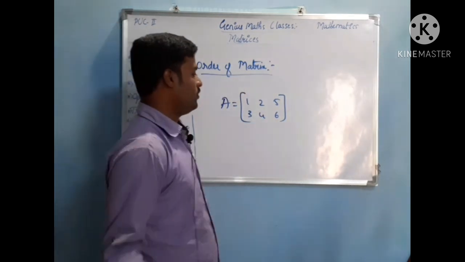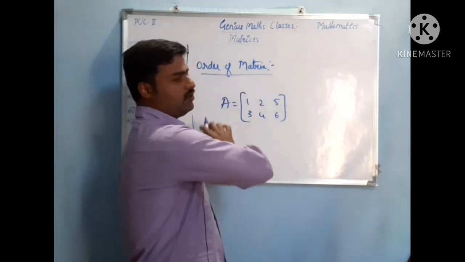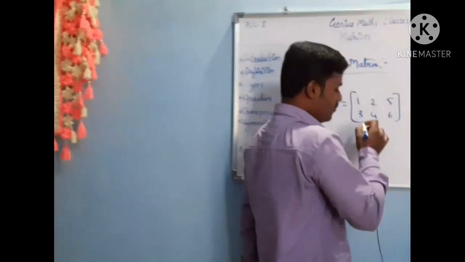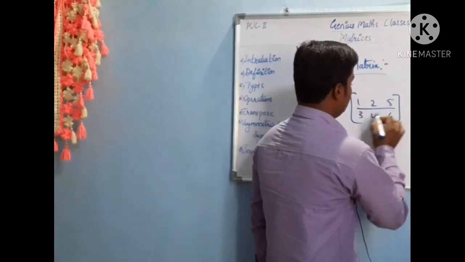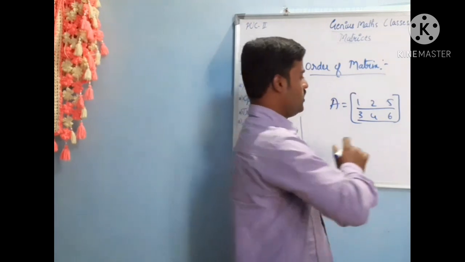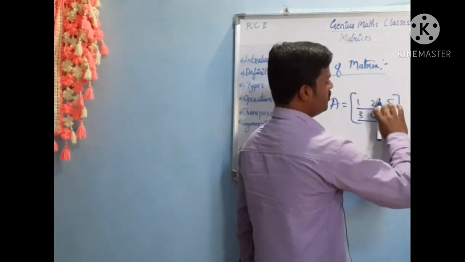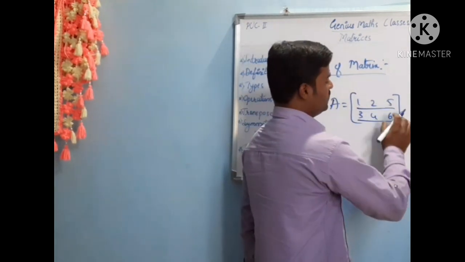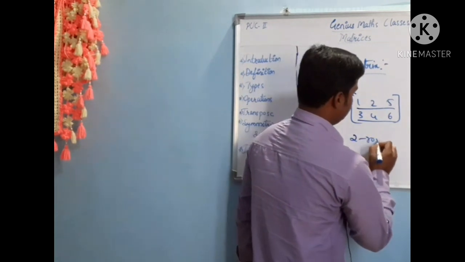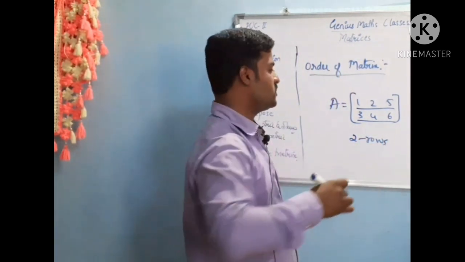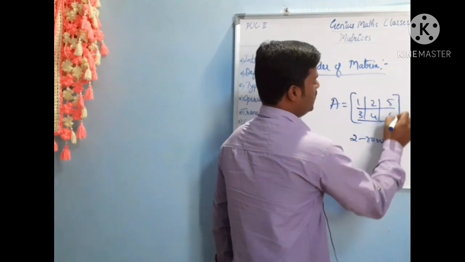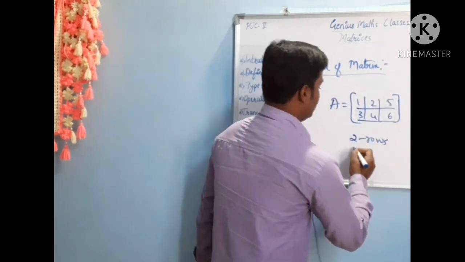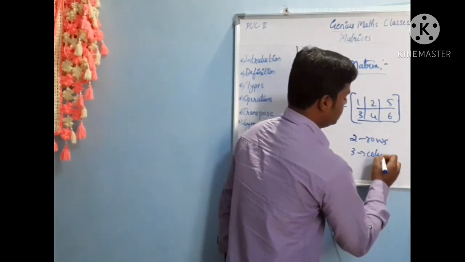How to determine the order of a matrix? It depends on how many rows and how many columns it has. The number of rows here is 2: 1 and 2, two horizontal lines, therefore 2 rows. And how many columns, how many vertical lines? 1, 2, 3, so 3 vertical lines. These are nothing but columns.